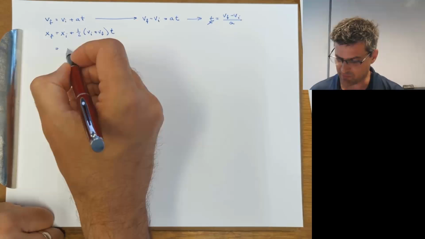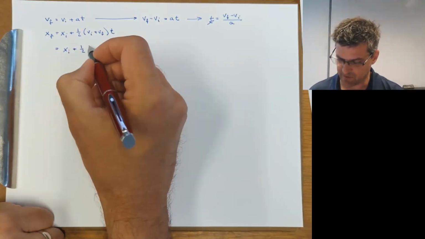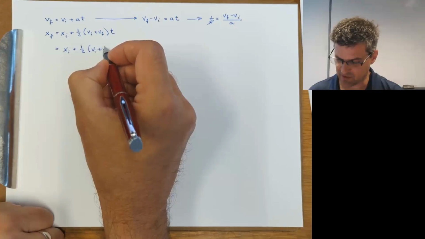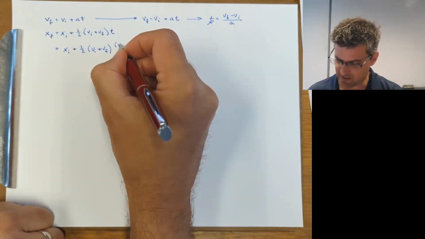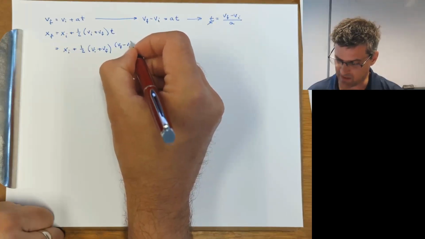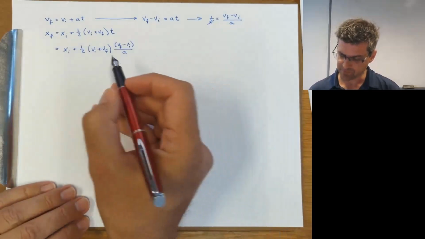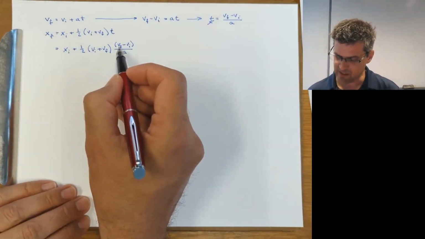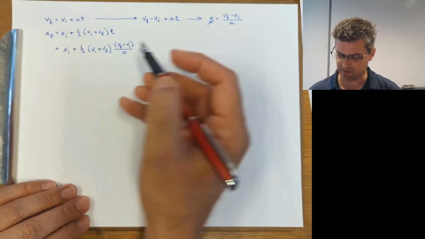Why couldn't I then plug that t in over here? (v initial plus v final) times t, which is (v final minus v initial) over a. Now what I see here is a (v final minus v initial) times (v final plus v initial).